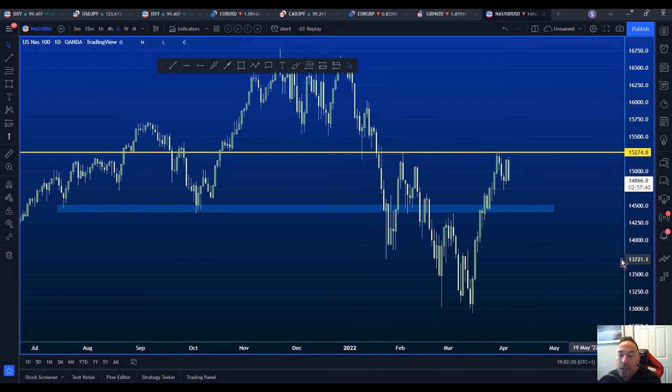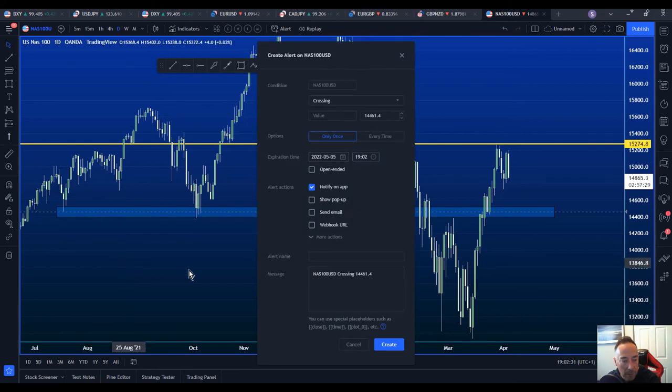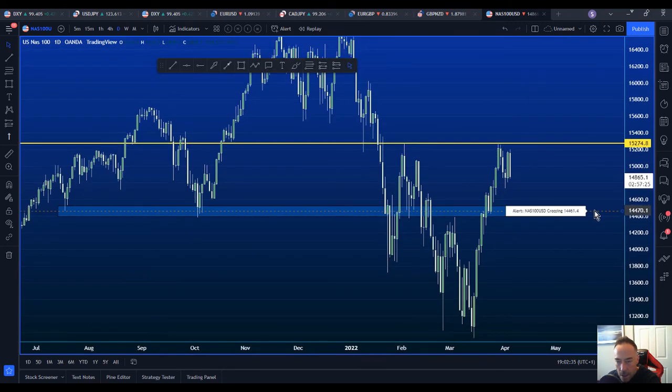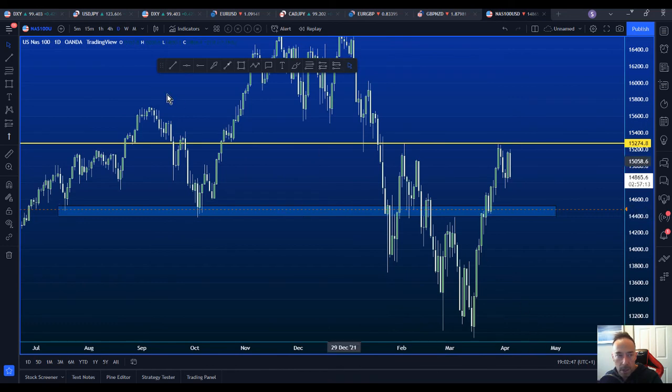First area of interest, though, for me is I'd like to see price come down into this zone here and see how it reacts. So alerts are going in right now, and just put myself a little note, support, and yeah, we'll see what happens.